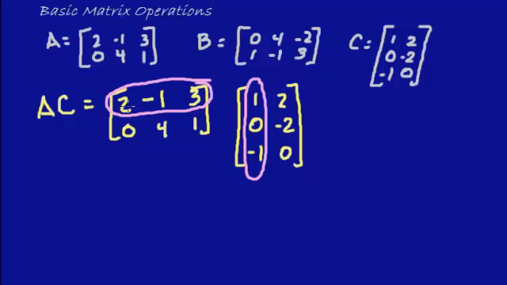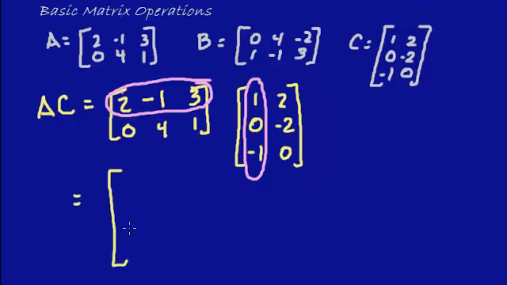And all you're going to do is multiply the very first elements times each other, and then add to that the product of the next 2 plus the product of the next 2. So not quite as straightforward as the addition and subtraction. So here we go.